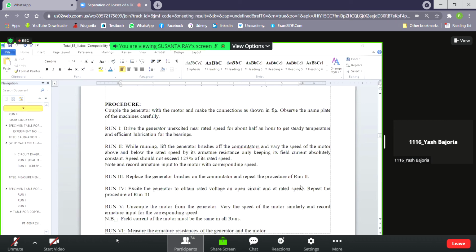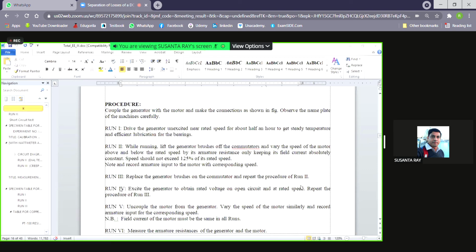I am asking, the voltage that we will get across the generator armature, what is the expression of that? Suppose we get V across the generator armature terminal, what will be the expression of that? Or on which parameters does this voltage depend? Sir, I don't know, sir.